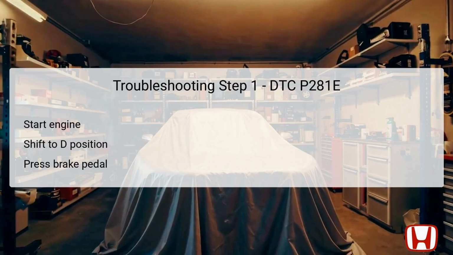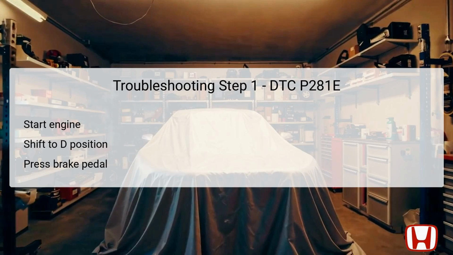The first troubleshooting step to address DTC P281E involves starting the engine, which is essential for checking transmission components under operational conditions. After starting, shift the transmission to the drive D position, which prepares the car for moving while ensuring the systems are engaged. During this step, the brake pedal must be pressed for safety, so the vehicle does not move unexpectedly.